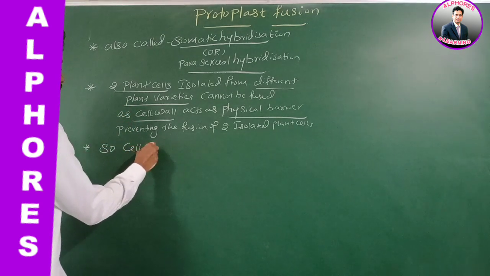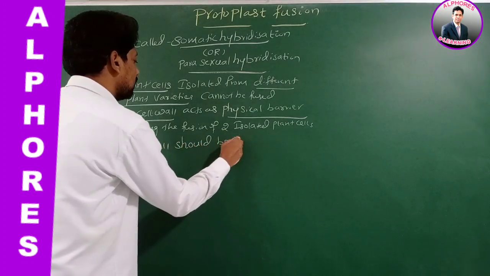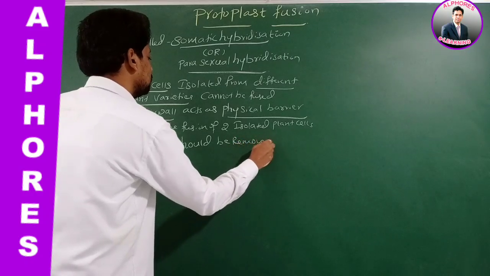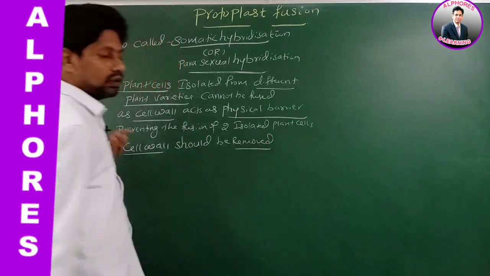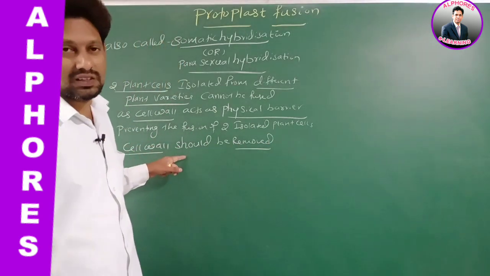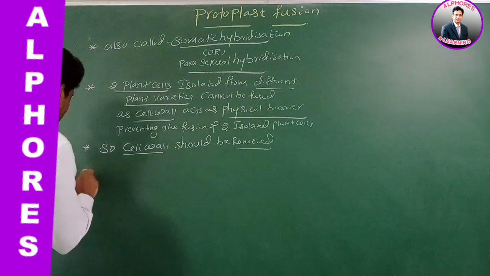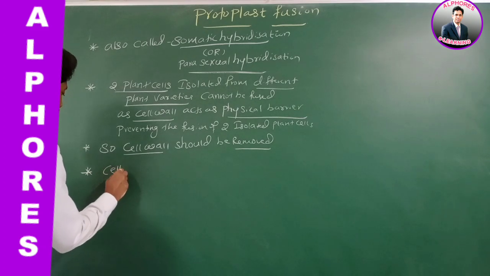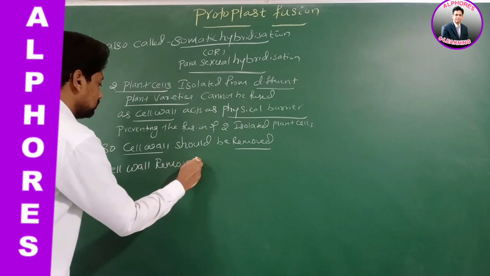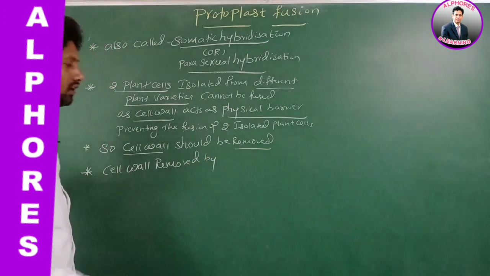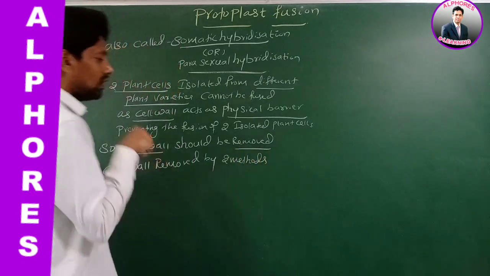So cell wall should be removed. To remove cell wall, we have two methods. Cell wall can be removed by two methods. What are the two methods?